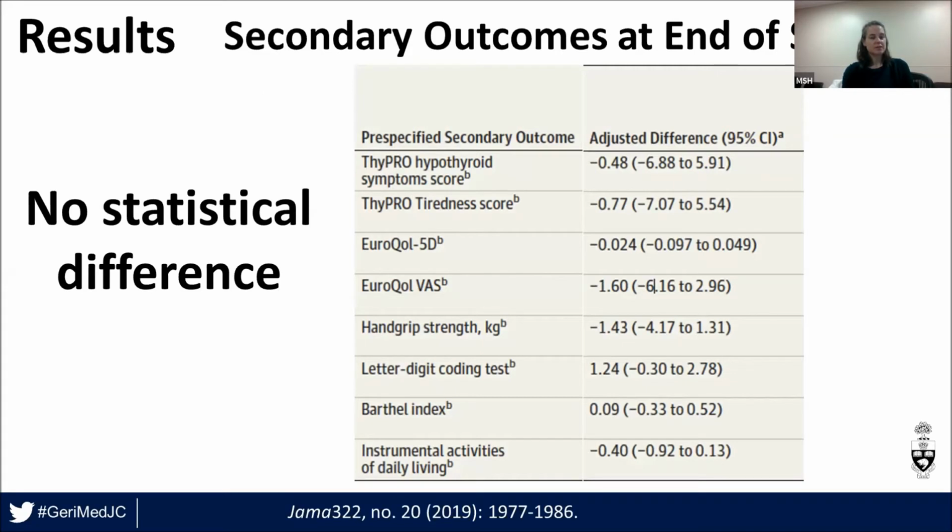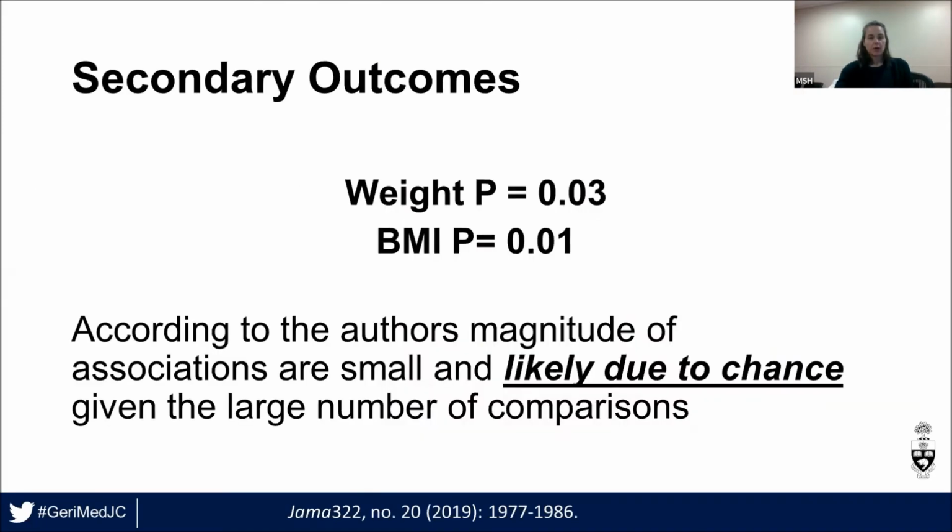And there was no statistical significance in any of the secondary outcomes at the end of the study. And according to the authors, they felt that the statistically significant increased weight in BMI in the levothyroxine group was likely due to chance, as the associations are small.